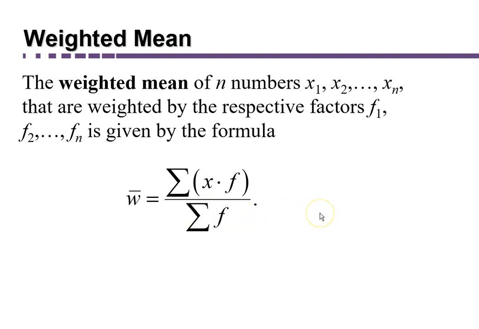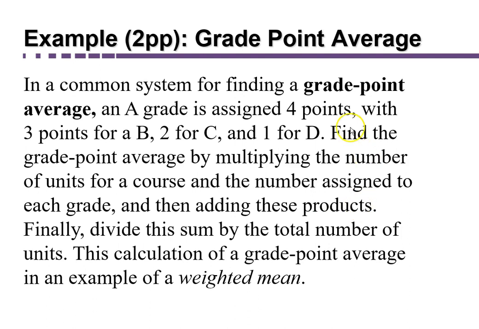Now we'll illustrate this one as well, and we see this when we think of a grade point average. This should be particularly of interest to you as students, often wondering, what is my grade point average?